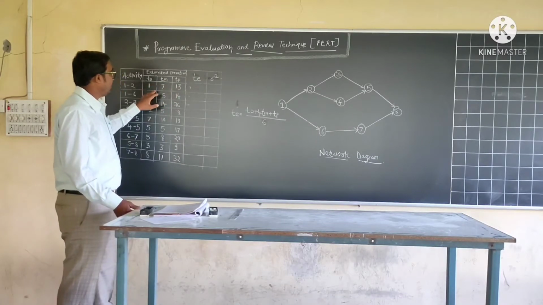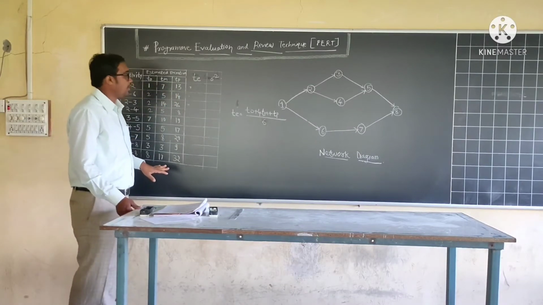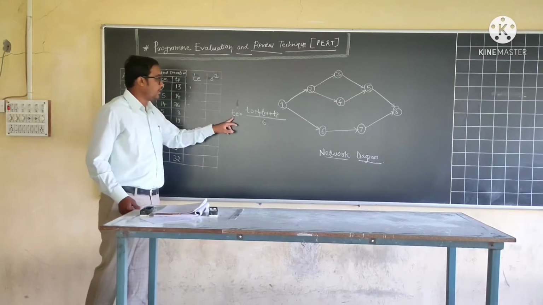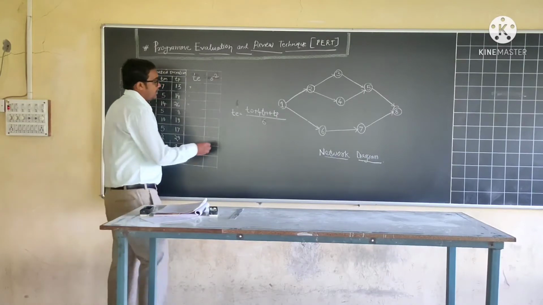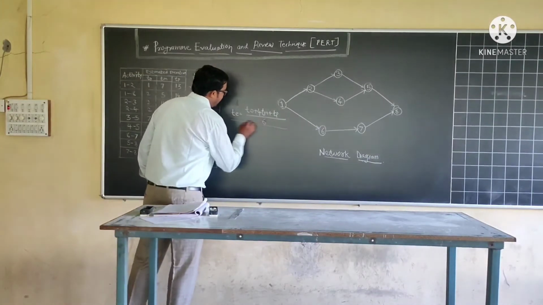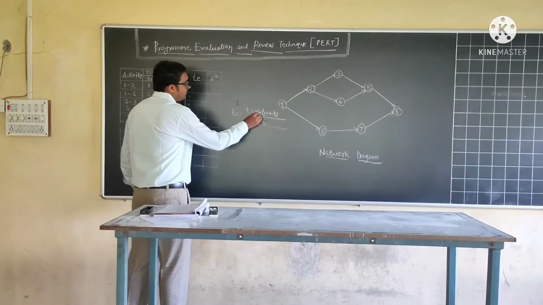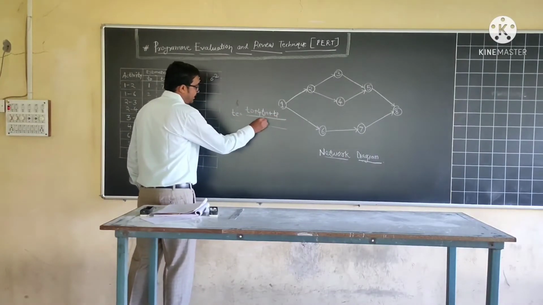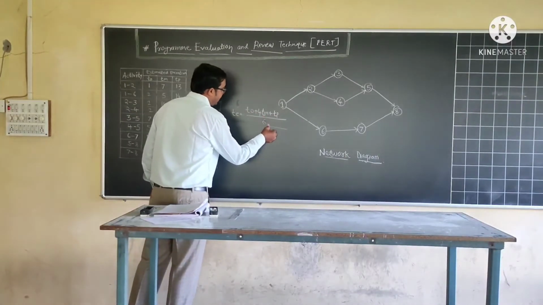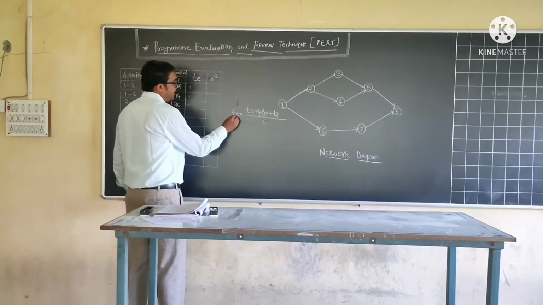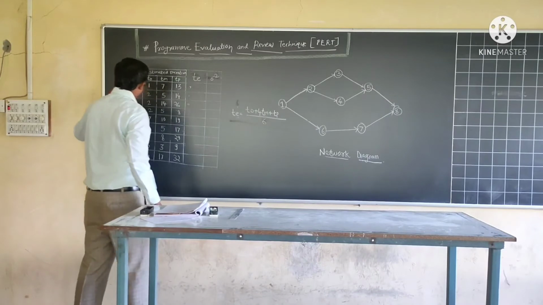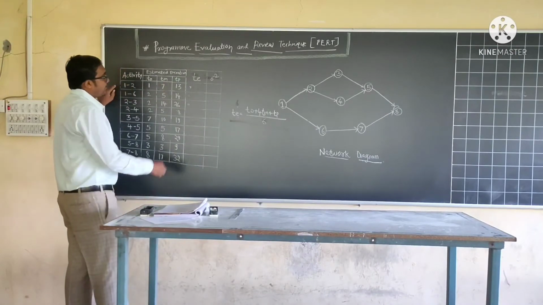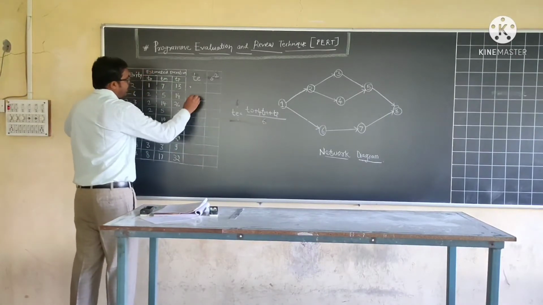Depending upon all three time estimates, we need to calculate the expected time of completion of the activity. Here the formula is TE is equal to TO plus 4TM plus TP divided by 6. For example, for activity 1 to 2, we need to calculate the expected time.